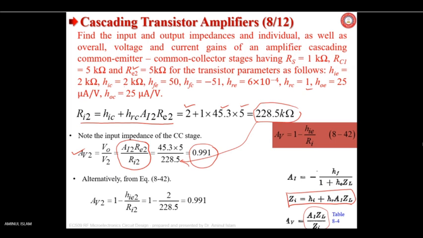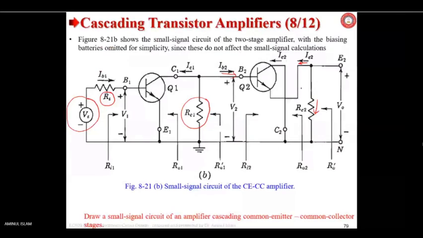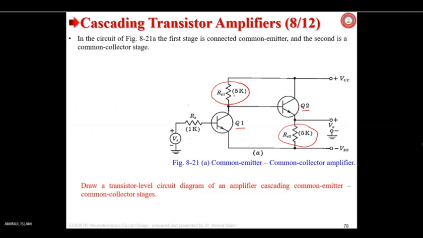Okay, let me go back and show you the diagram. Here you have RC1, the collector resistance of Q1. You know that for small signal AC analysis, we do the AC ground.